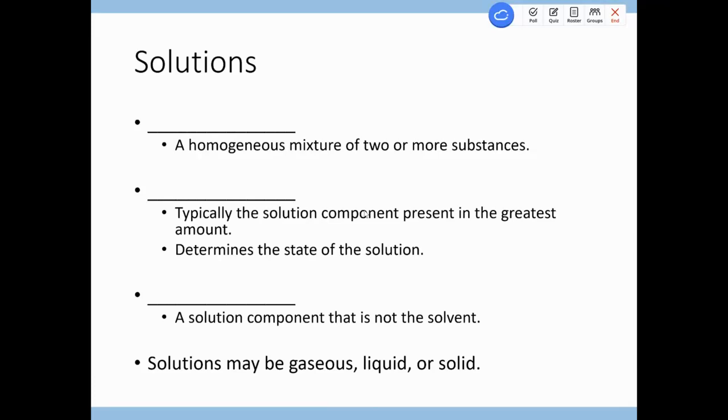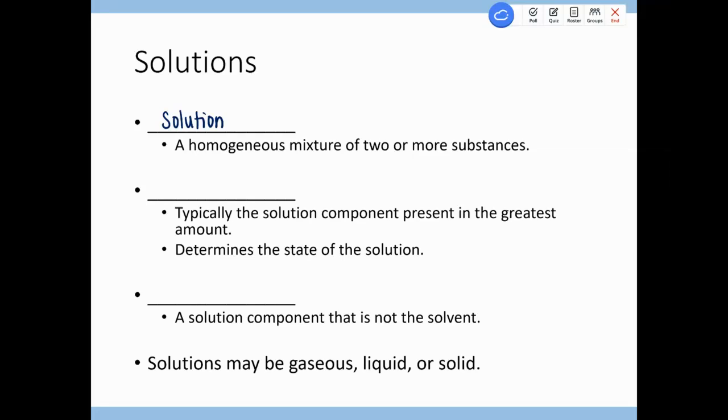And to talk about solutions, there's some lingo that we need to discuss. So a solution, that's that first blank here, is a homogeneous mixture of two or more substances.